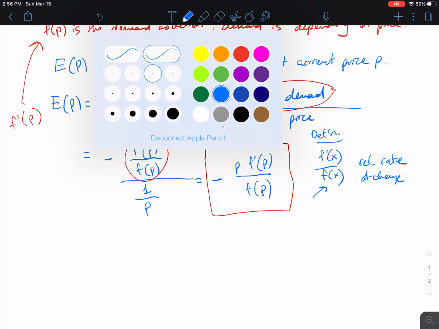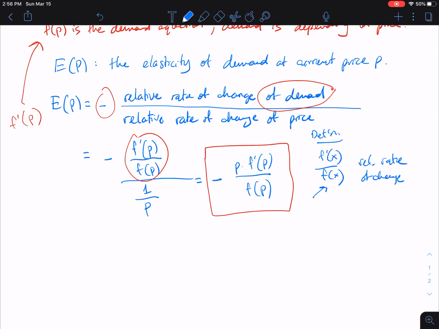It turns out that P is always positive. The demand of any product is always positive. Let me go ahead and erase that. Let's change to red. So this is positive, and this is always positive. The rate of change of demand is going to be negative the moment we increase the price.